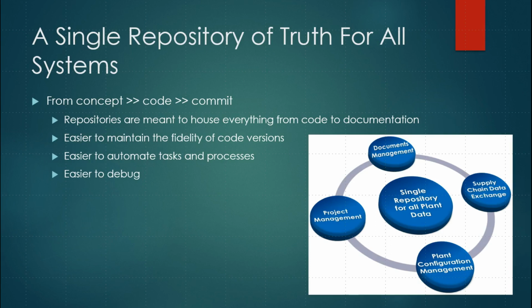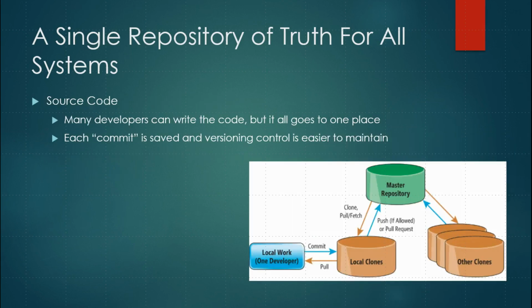Once they got all of their versioning correct in their repository, their deployments were faster and more efficient. And it's easier to automate tasks and processes with a single repository, and of course easier to debug.